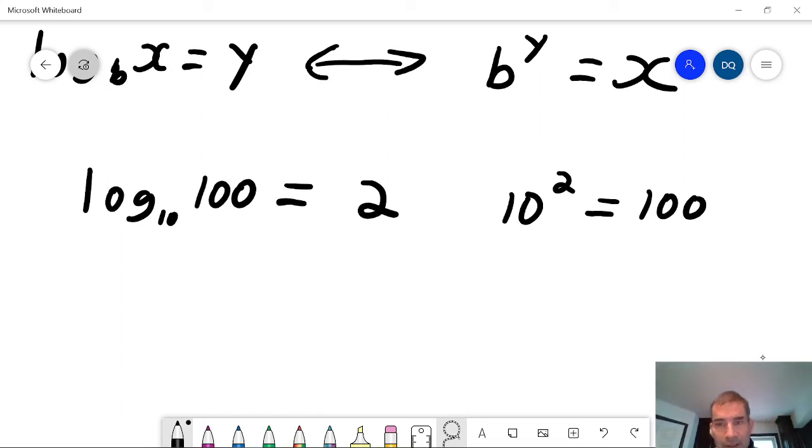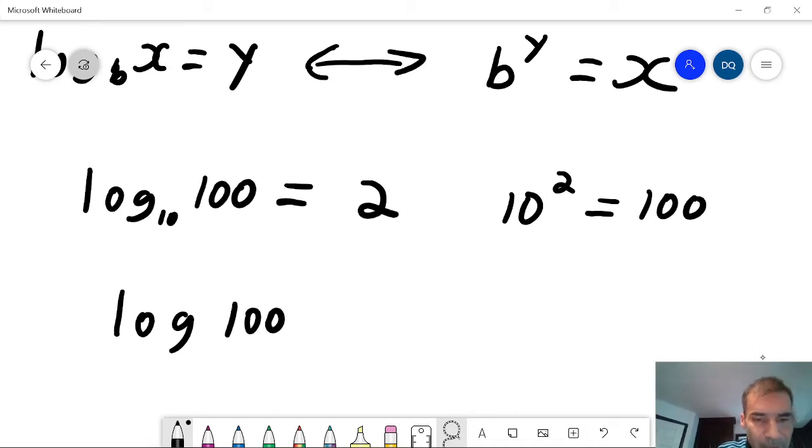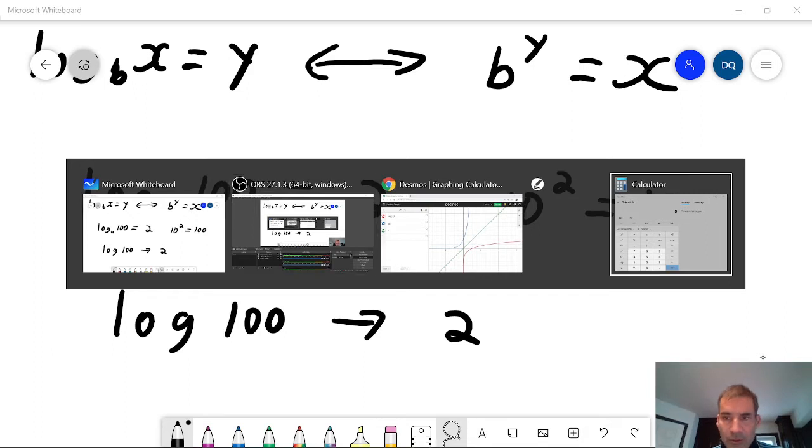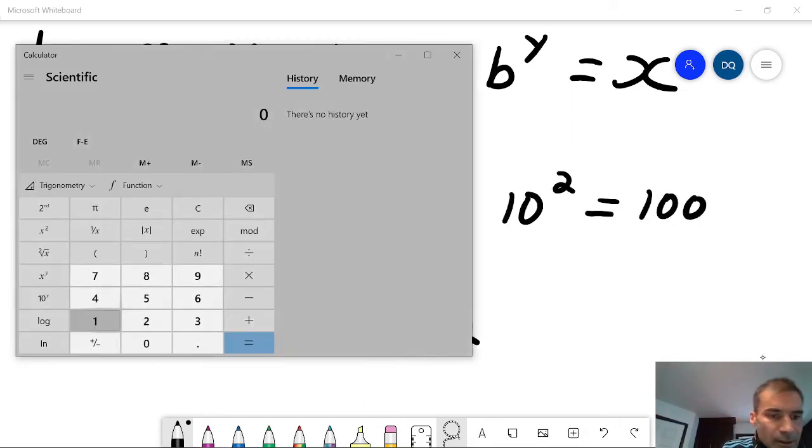You can verify this with your calculator. Maybe pause the video now, take your calculator and find the log of 100, it's going to give you a 2. I'll just show you that real quick. So we take 100 and now press the log button, and it gives us a 2.